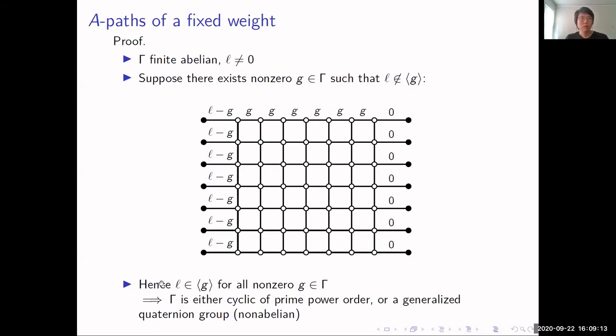Okay, so we may assume that if you give me any non-zero element in the group, then L is in the subgroup generated by that element. And this is a very, very strong condition to put on your group.